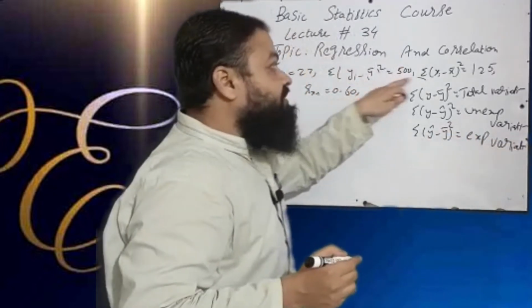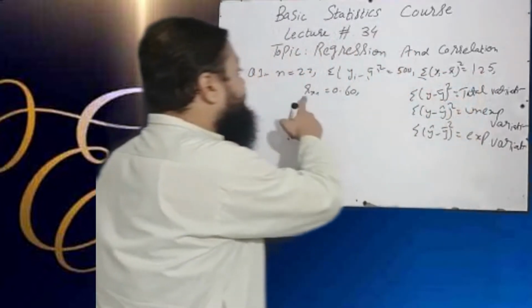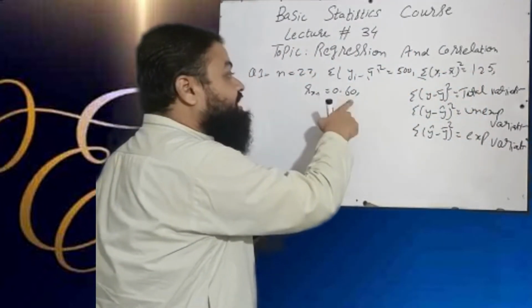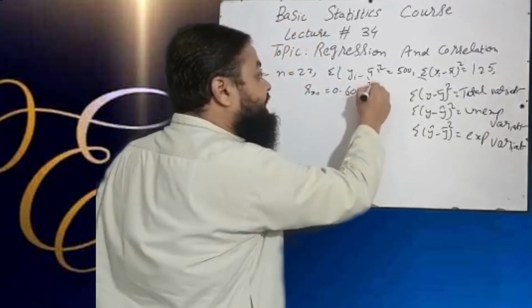Total variation is given. Summation x minus x bar whole square is 125, and the correlation coefficient r is given, that is 0.6, and we are to find the estimate of the error variance.